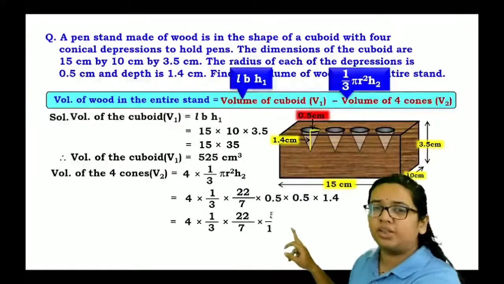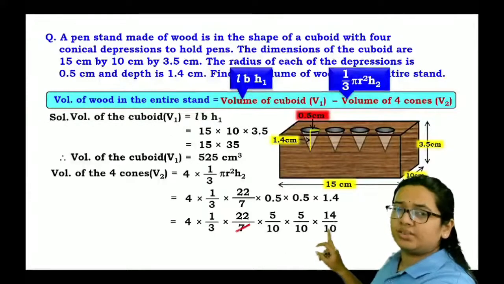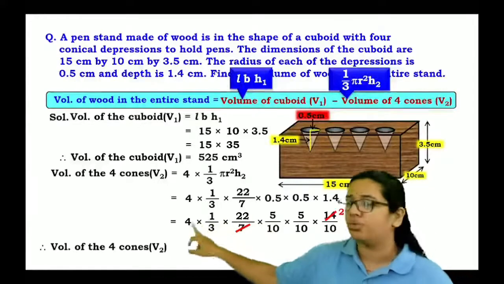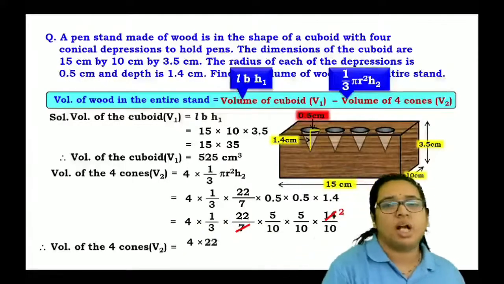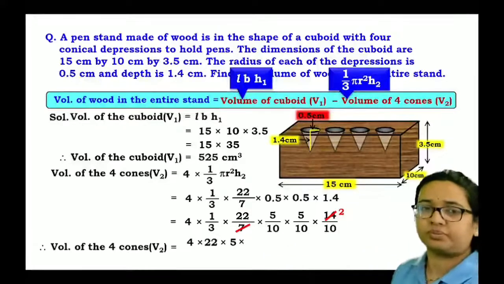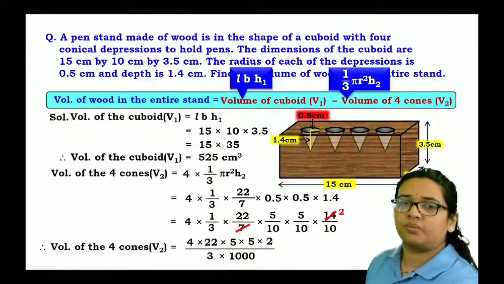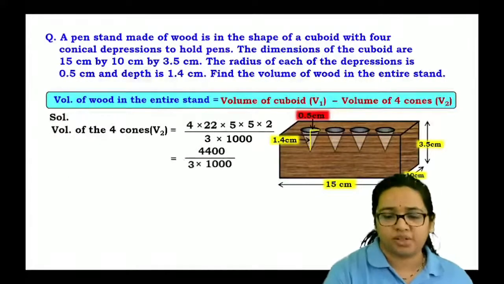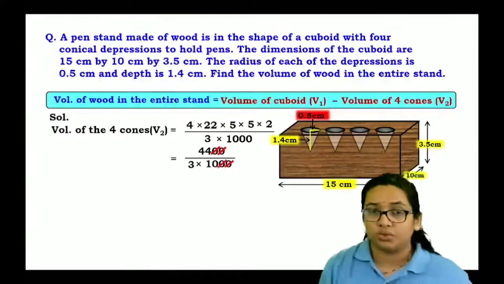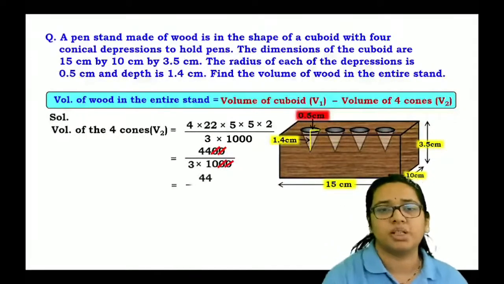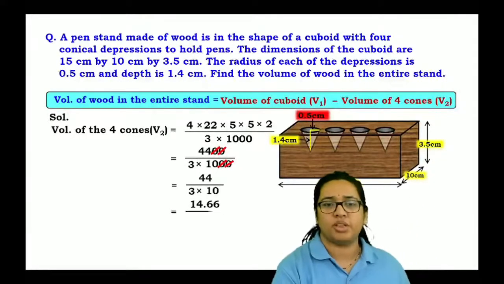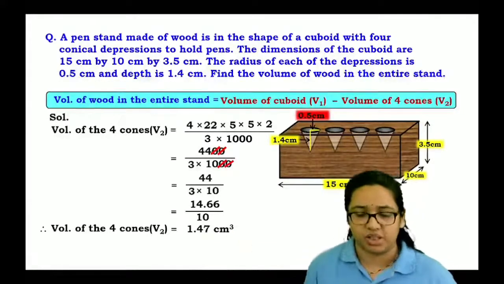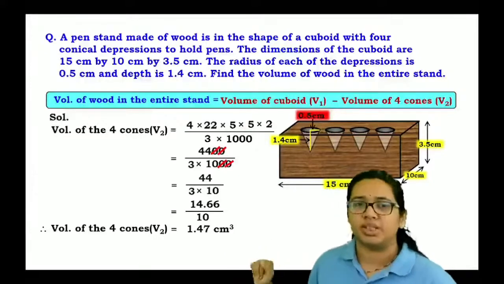After calculating this, the simplified value of volume of four cones will be 44 upon 30, which is nothing but 1.47 cubic centimeter.